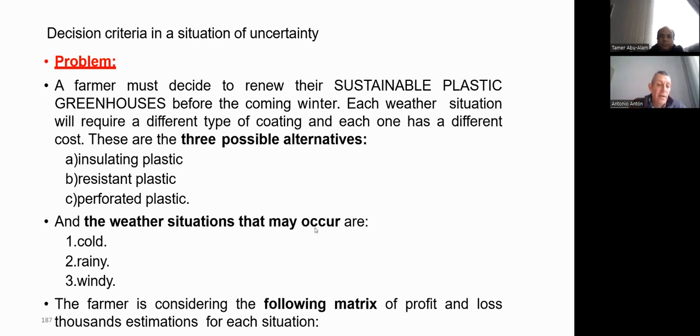Resistant plastic could be very resistant in terms of the rain, it can cope with it. With perforated plastics, when the wind comes, it passes through the holes of the plastic, so they can support more windy environments. Insulated perhaps covers the cold and the rainy as well. So we have three scenarios.